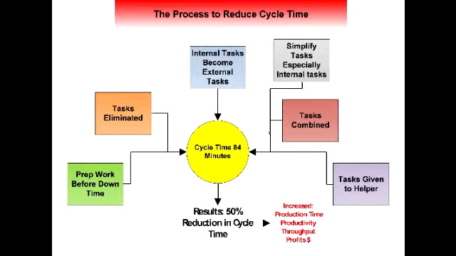After you have completed all of the study, all of the analysis, you prepare your recommendations, you look at where you were, let's say at 84 minutes like I said earlier, and now you're expecting a 50% reduction, which is about 42 minutes.